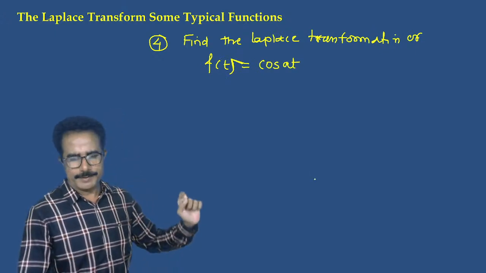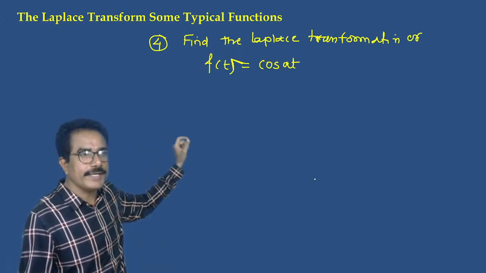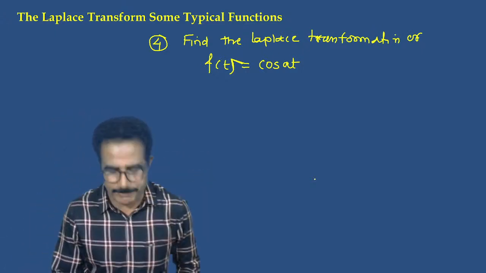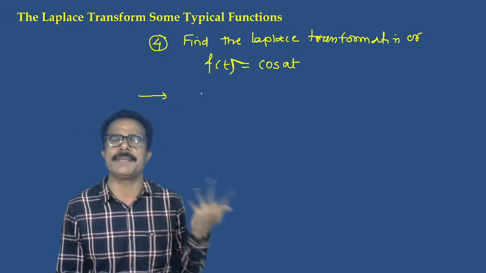Same problem, we have already calculated the Laplace transformation of f of t is equal to sin at. Now we have to find the Laplace transformation of f of t is equal to cos at. Again, write down the similar process.